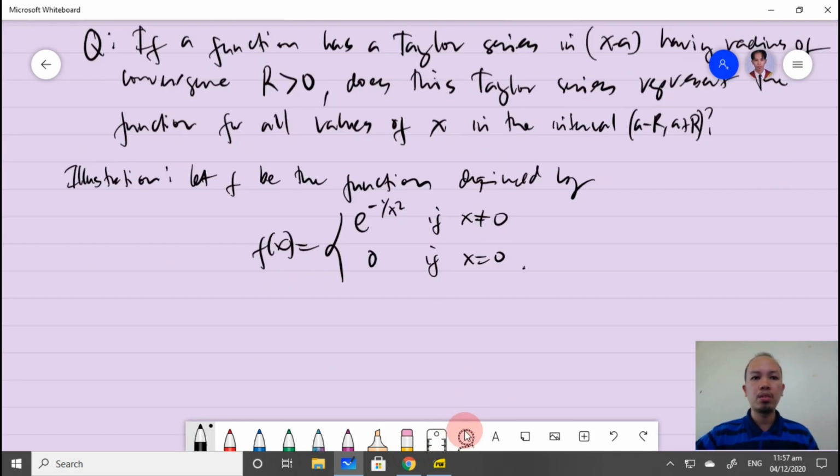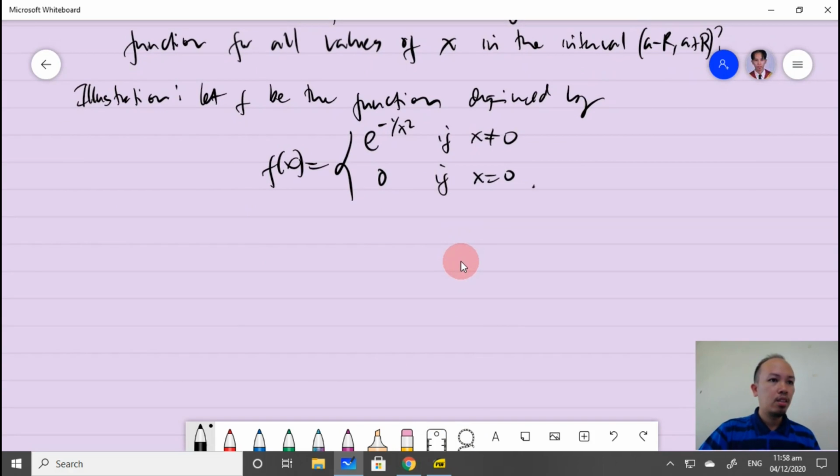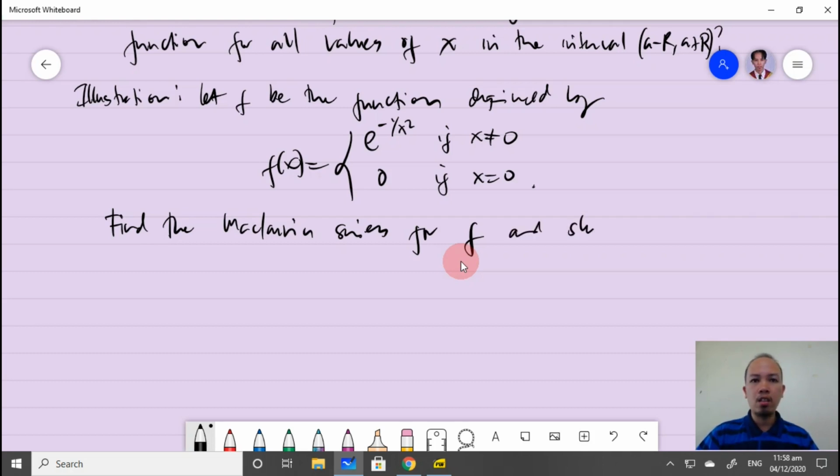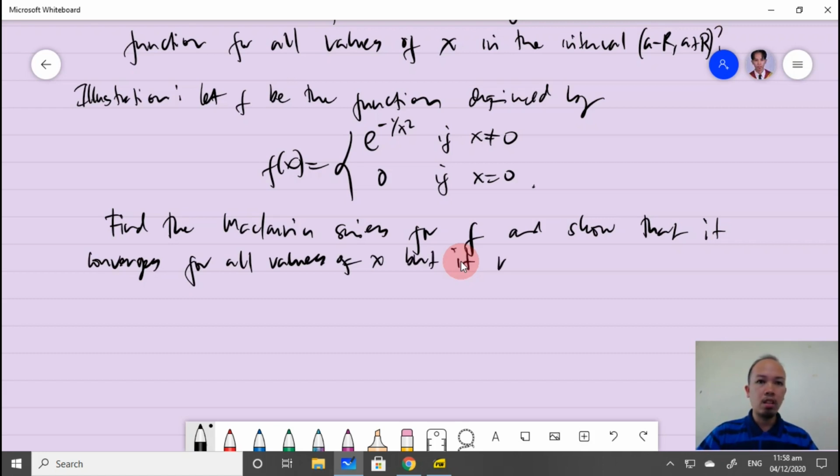So the question is, find the Maclaurin series for f, and show that it converges for all values of x, but it represents f of x only when x is equal to 0.